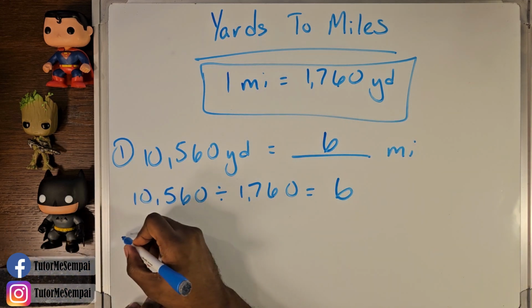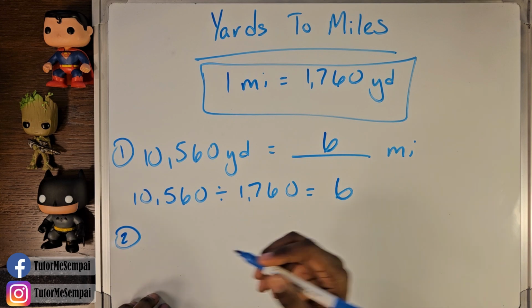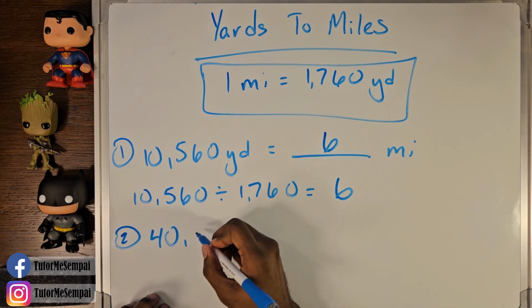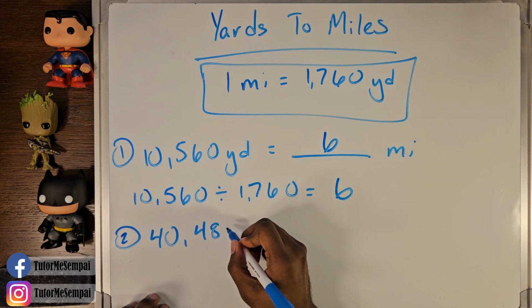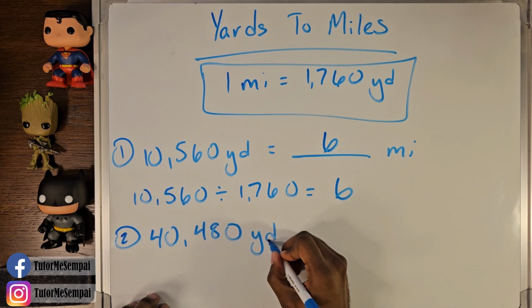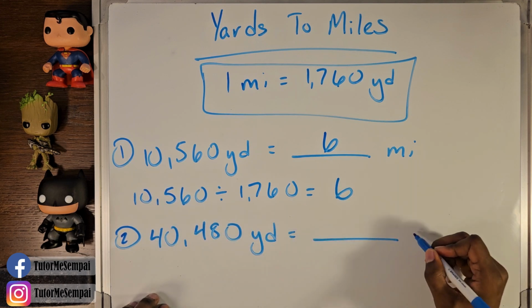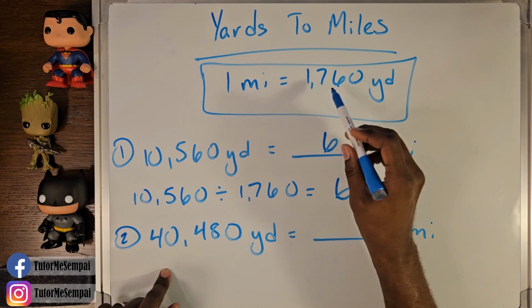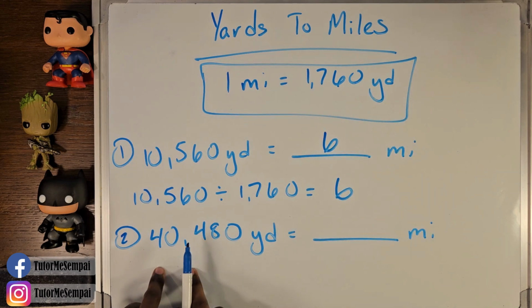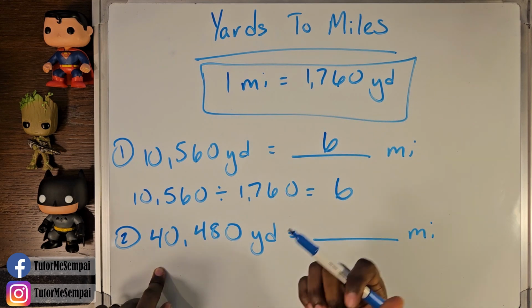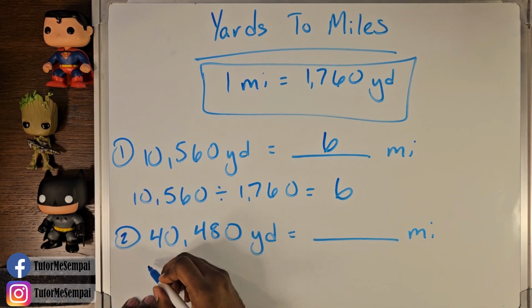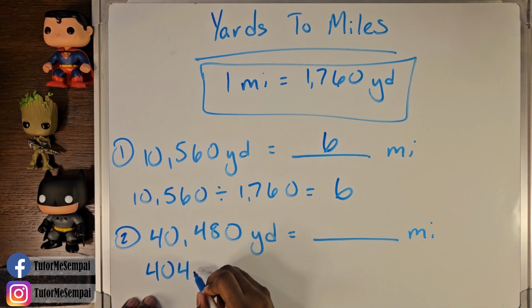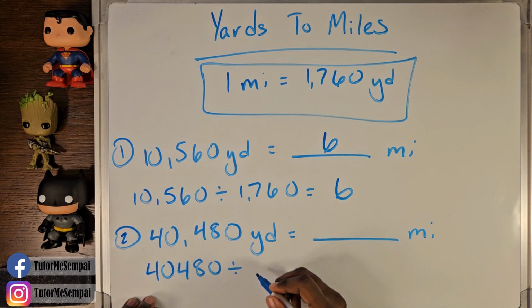Let's look at another example. Let's say we're given even more yards. So this time we have 40,480 yards. And we want to figure out how many miles we have in this situation. Well, we want to do the same exact thing. We want to figure out how many groups of 1,760 make up 40,480. So let's divide and find out. 40,480 divided by 1,760.